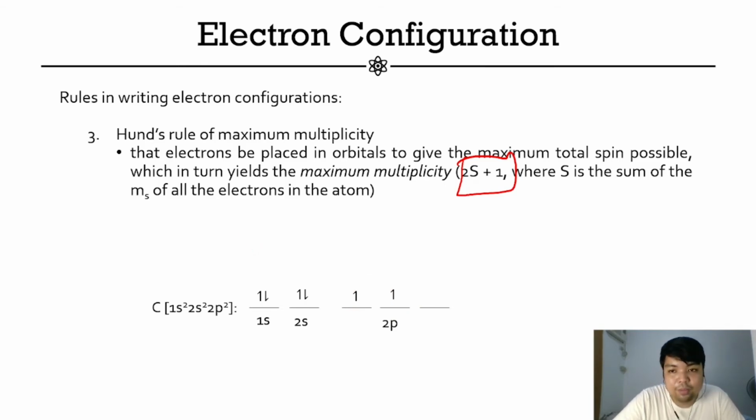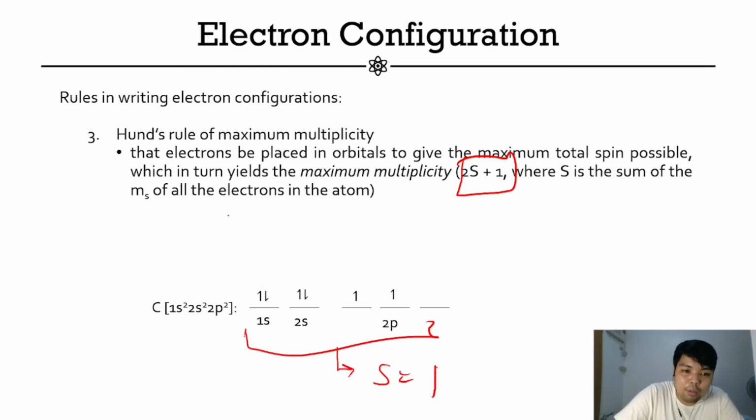That is because when these two electrons are in the same orbital, one of them will have a spin quantum number of -1/2, and that will result in a total spin of 0. However, in this distribution of electrons, the total spin is 1, because this is +1/2, this is also +1/2.